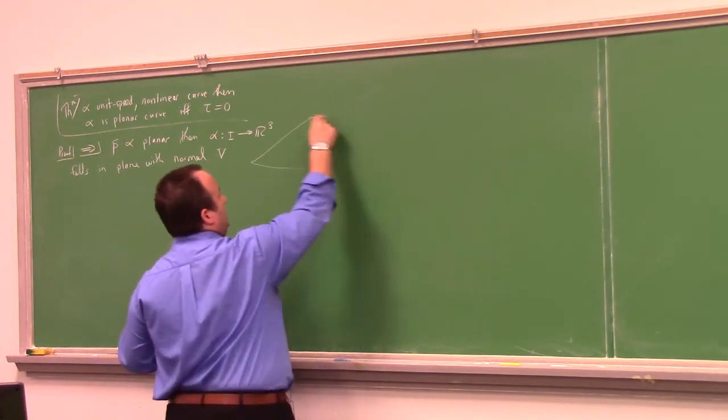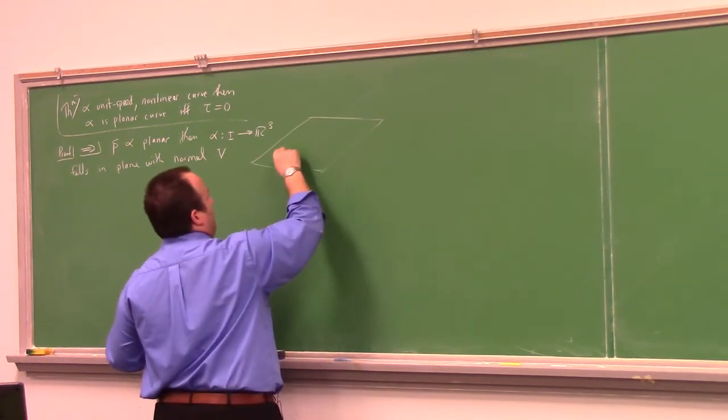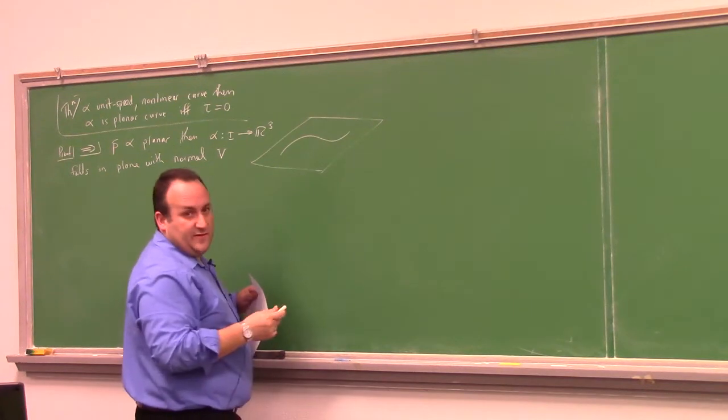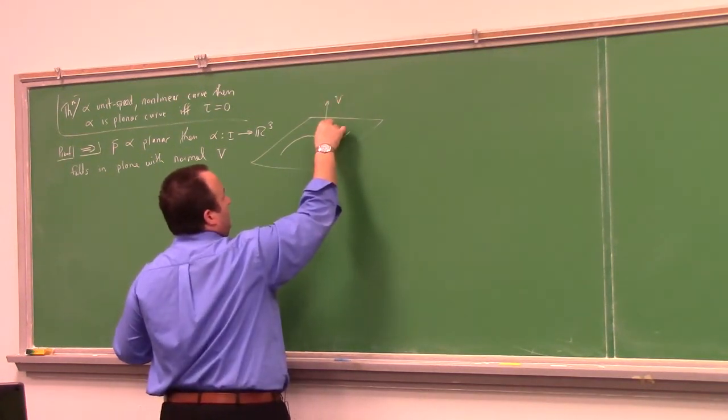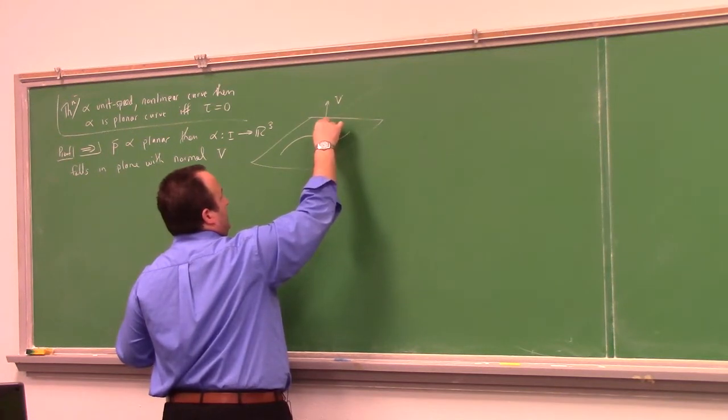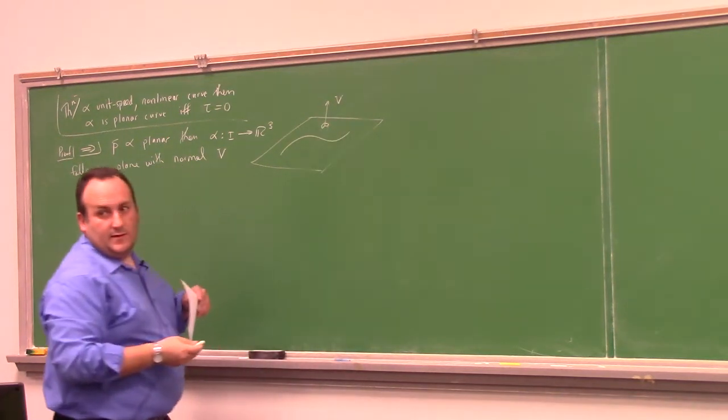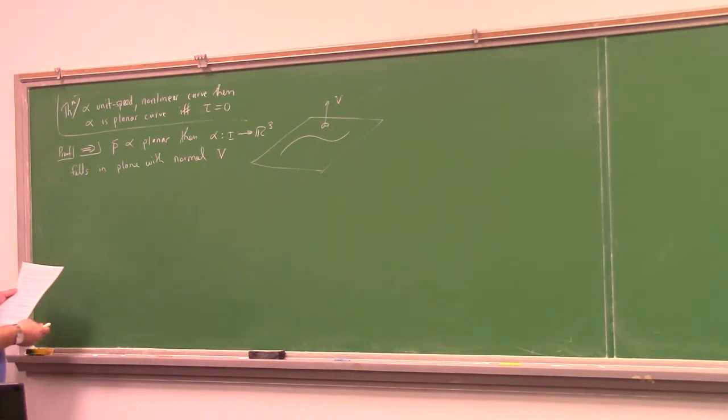There's some plane, and there's a picture of alpha, and V is the normal to the plane.